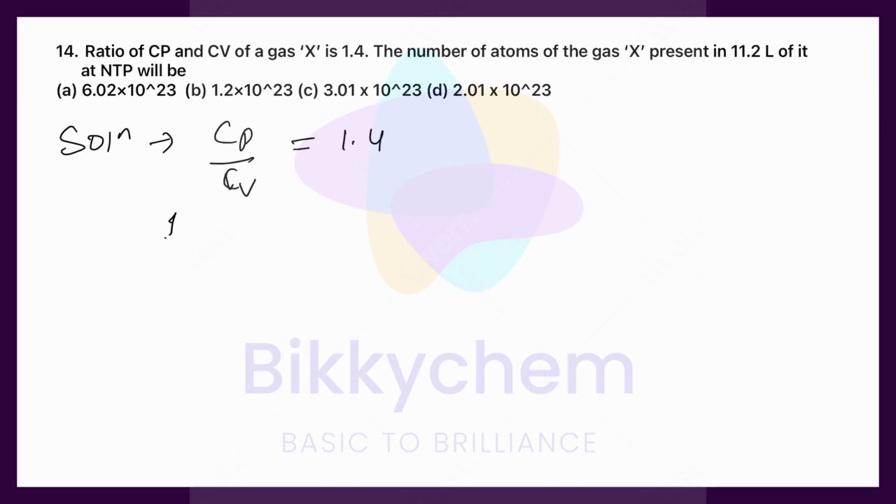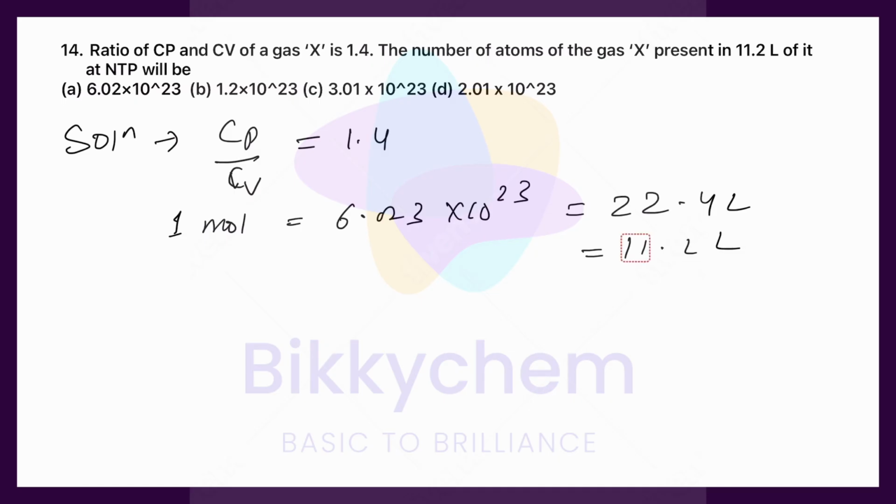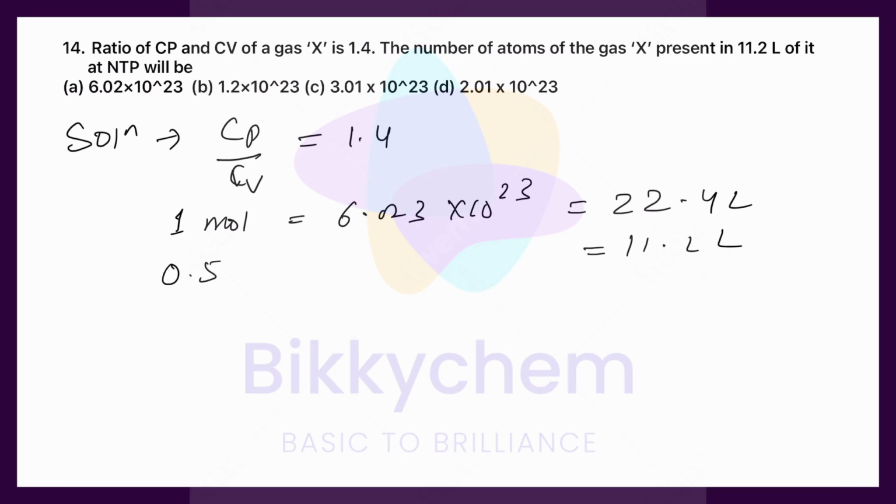Since we know that 1 mole is equals to 6.023 into 10 to the power 23, which is equals to 22.4 liter also. So if 11.2 liter is given, that means it is 0.5 mole, which is 3.01 into 10 to the power 23. Since Cp by Cv is given 1.4, that means it is diatomic.